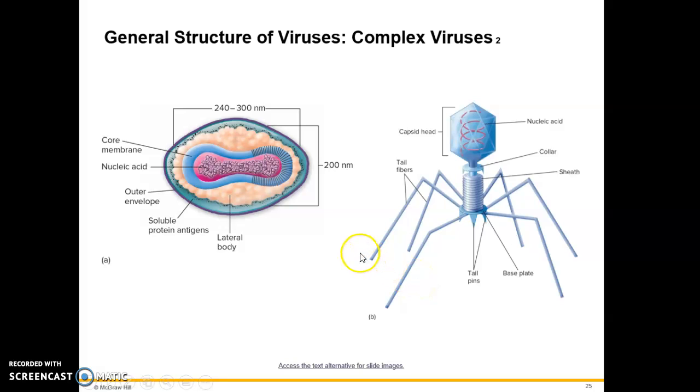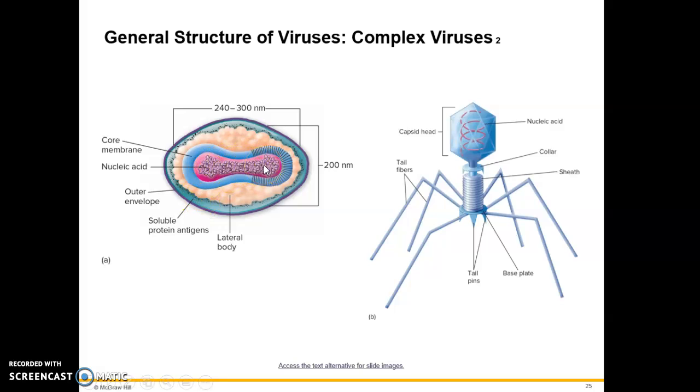This one here is a pox virus, and you can see that it has this core membrane. It has an outer envelope. It has this other lateral body layer, some soluble protein antigens. You've got, of course, your nucleic acid core.